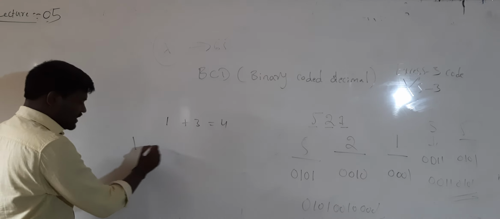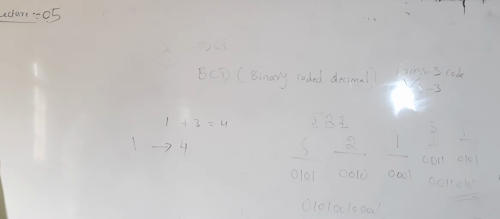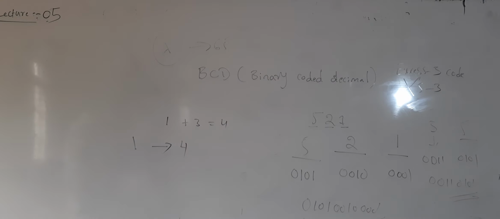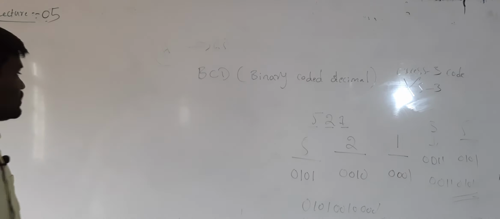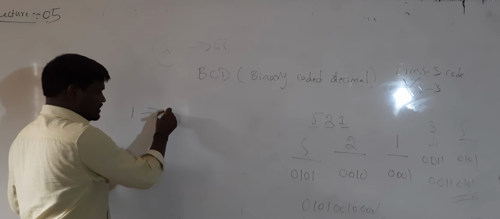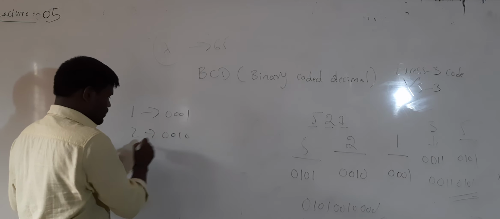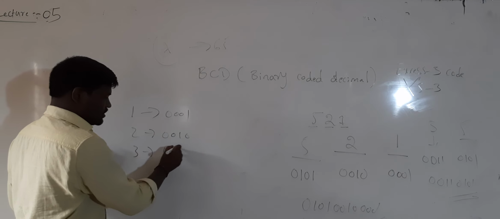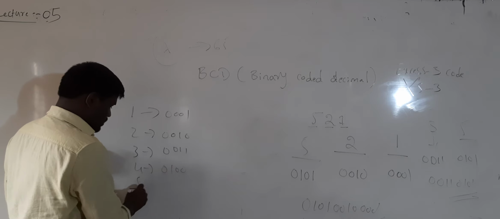Means 1 can be represented in Excess-3 as 4, again in 4-bit format. That is, 1 is represented as 0100, 2 as 0101, 3 as 0110.